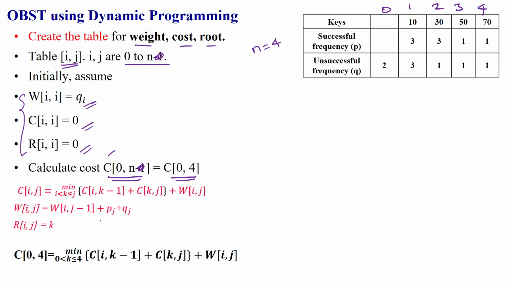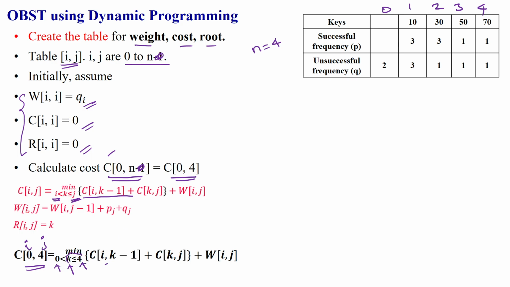So now I have to identify the values here, c of 0 comma 4. Then minimum of, as per this formula, i value is 0, j value is 4. Then c of i is 0, and k is given less than or equal to j, here j is 4, right? Then c of i comma k minus 1.